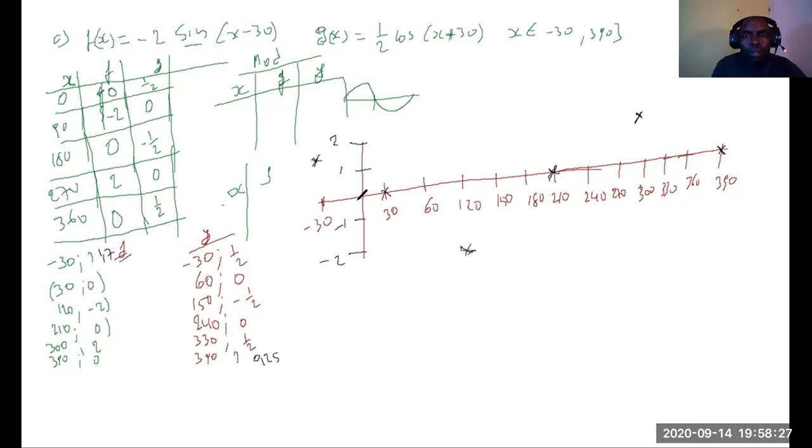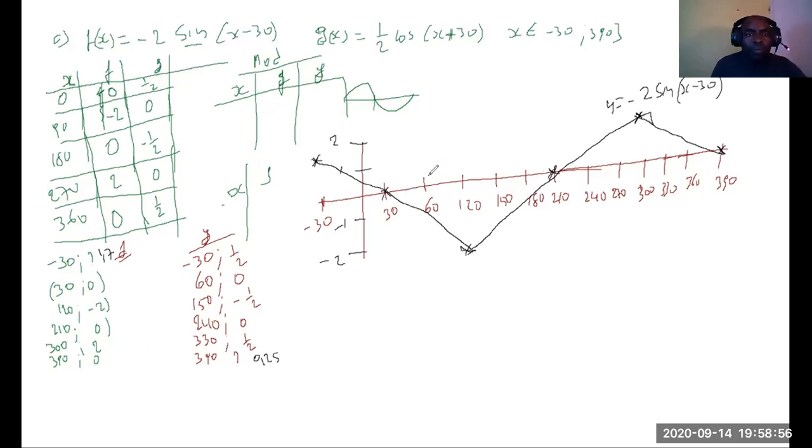Yes. So meaning I will come here, pick there, and then come there. This is it. y equals -2 sine x minus 30. Okay.